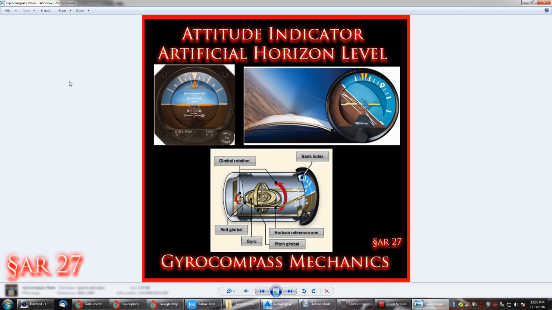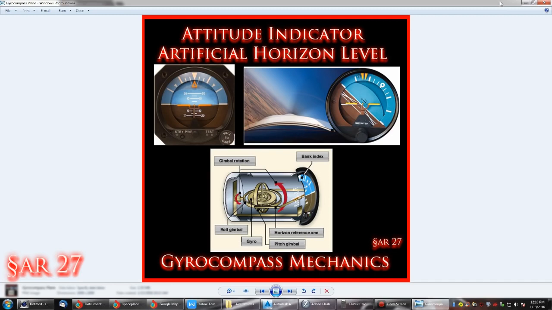It has a gyro compass inside of this little gauge. You can see here that this maintains itself level with the aircraft. For instance, this artificial horizon moves when the plane rolls, or it pitches or anything.